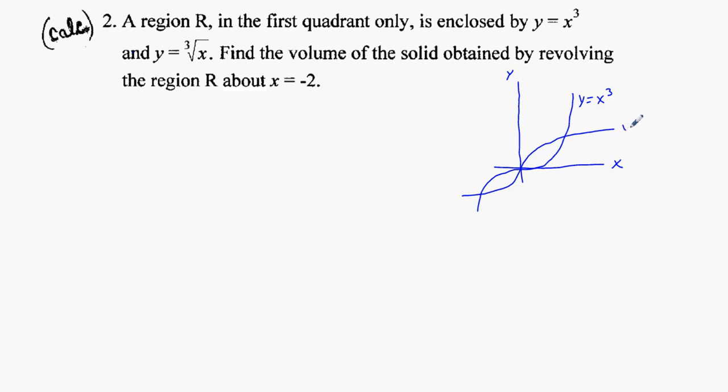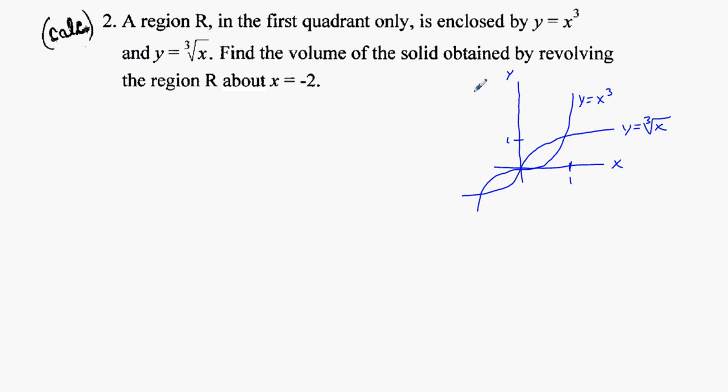So we put y equals cube root of x, and we have an intersection here at 1, 1. So this is going to be 1 here, x equals 1, and y equals 1.